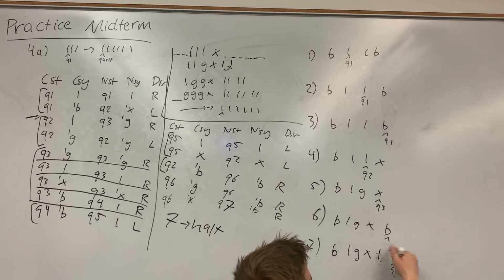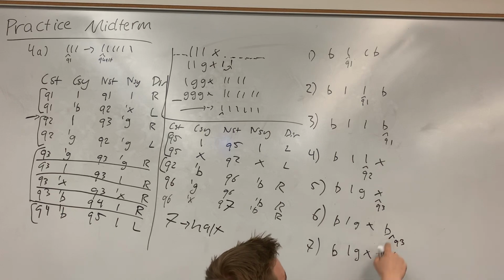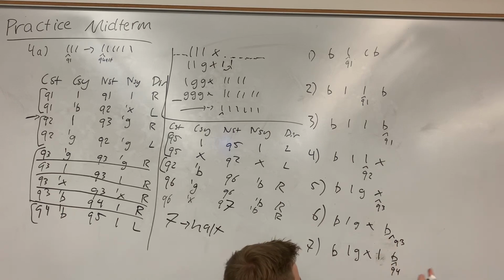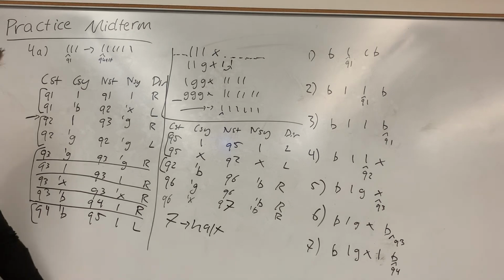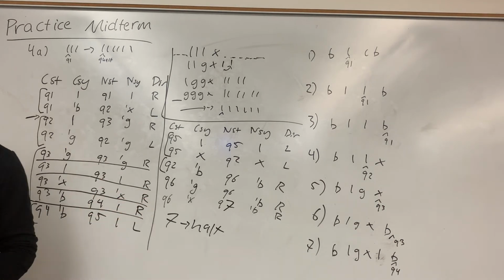Let me write this a little bit clearer. So it changed this blank into a 1, moved to the right, and there's another blank there. All right, those are the next 6 configurations. Sorry about that error earlier. I hope this makes some sense.